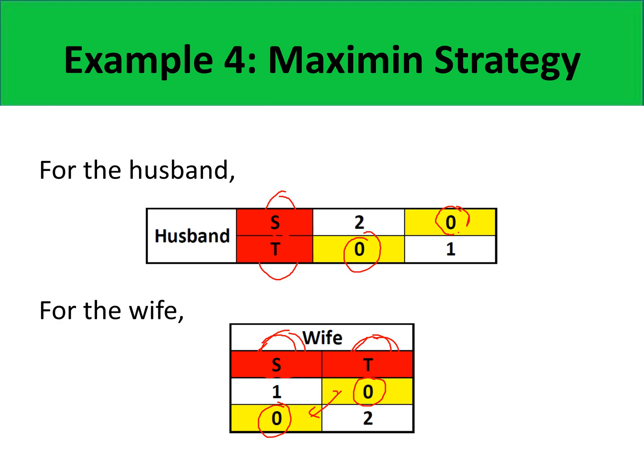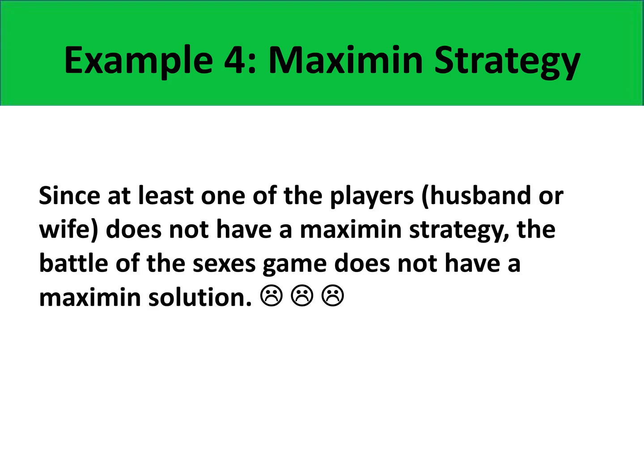So therefore, the wife doesn't have a maximum strategy. Since at least one of the players, the husband or wife, does not have a maximum strategy, the Battle of the Sexes game does not have a maximum solution. So in other words, for a normal form of a game to have a maximum solution, both players should have a maximum strategy.